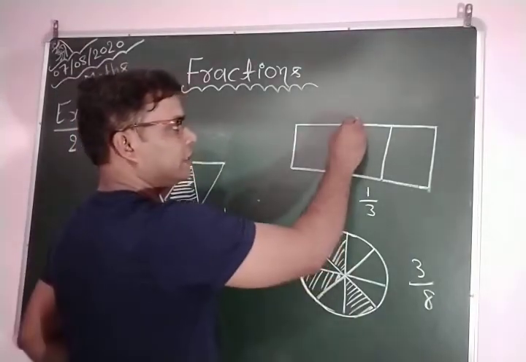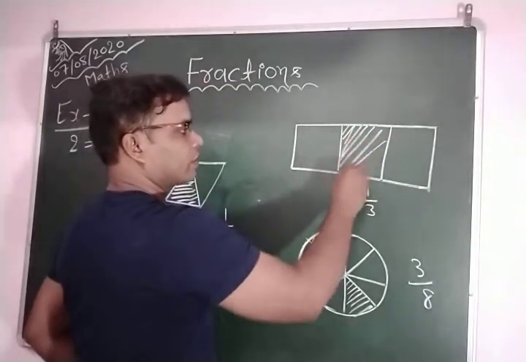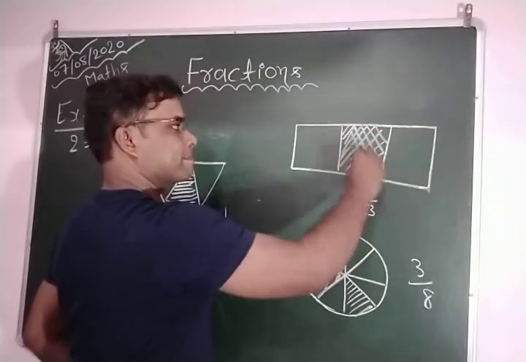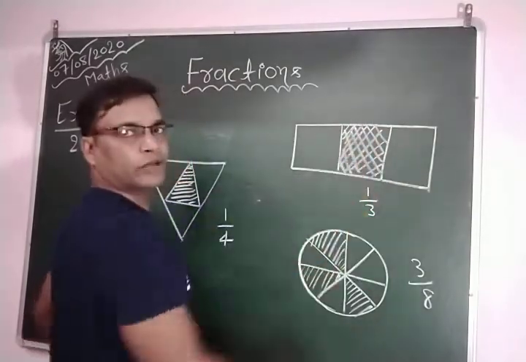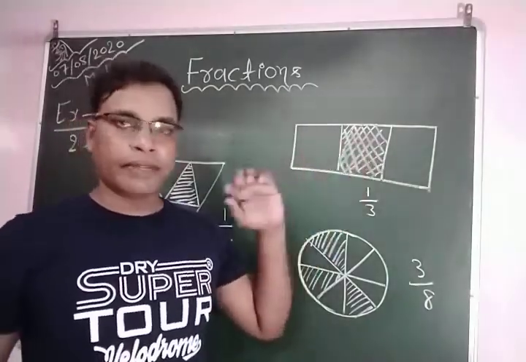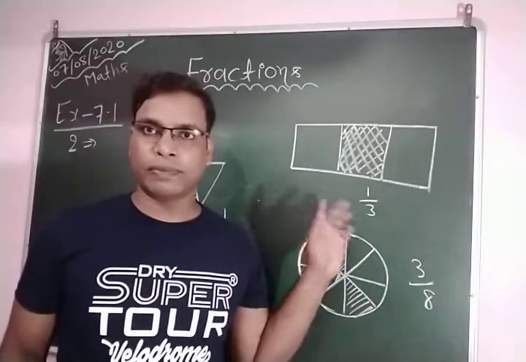So we color this part. Clear? We color this part because here there are 3 parts, 1, 2, 3. The fraction given is 1 by 3. So we color one part only.